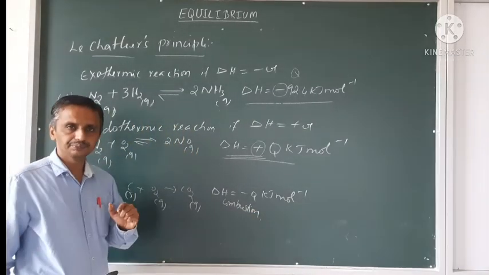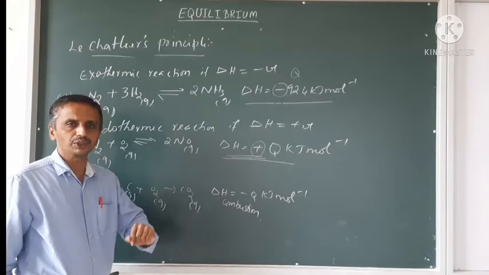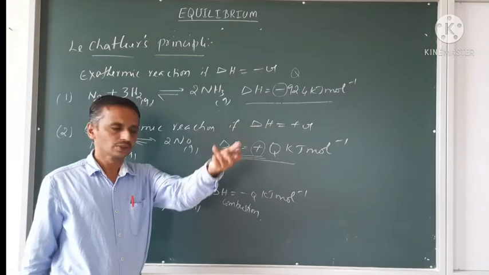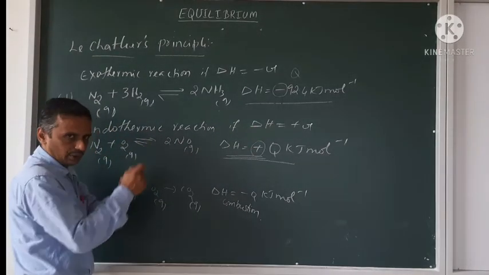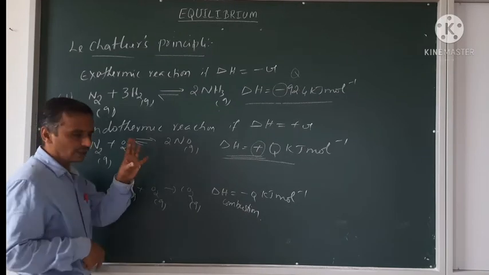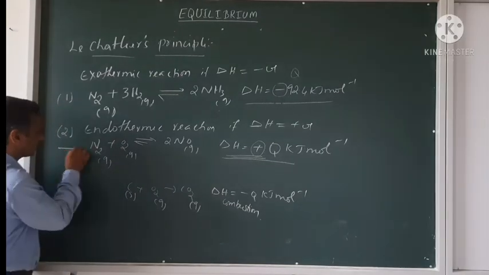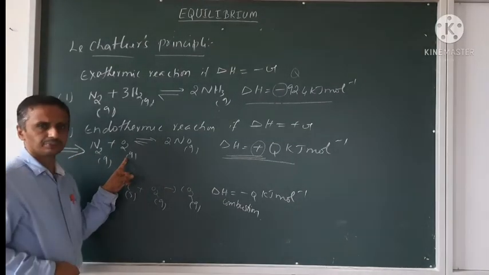And remember, in any combustion process usually heat is evolved. Any combustion process, meaning burning in oxygen, heat is evolved. So delta H will be negative in many cases, but see this example. It's a burning process only.